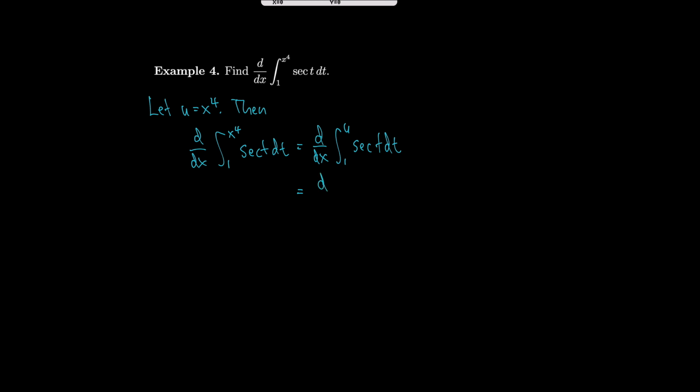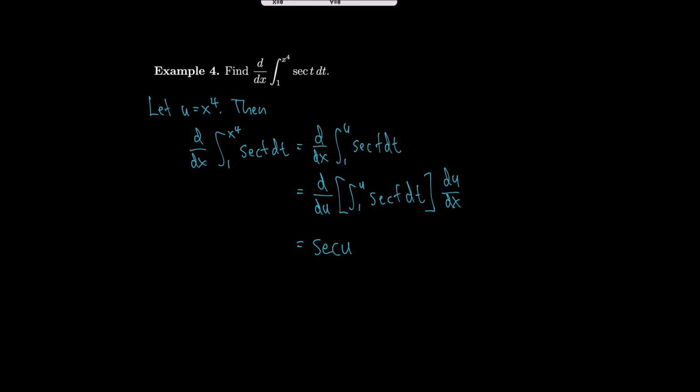Well, by the chain rule, that's just the derivative, pretending that this was an x. So we just differentiate the integral of secant t dt, and then we multiply by the derivative. Well, this derivative is easy enough. That's just the fundamental theorem of calculus applied to that. Secant is continuous, so it's not a problem. So the derivative will just be secant u.